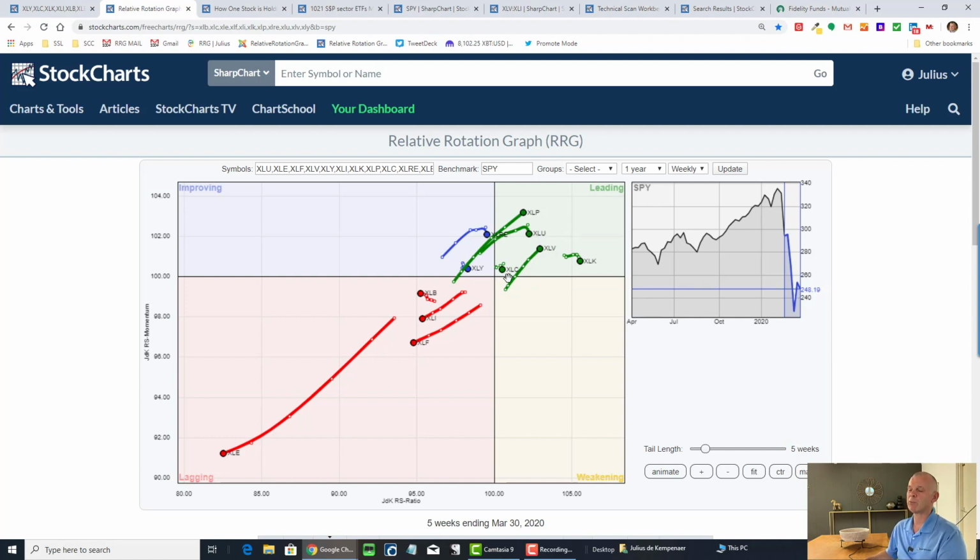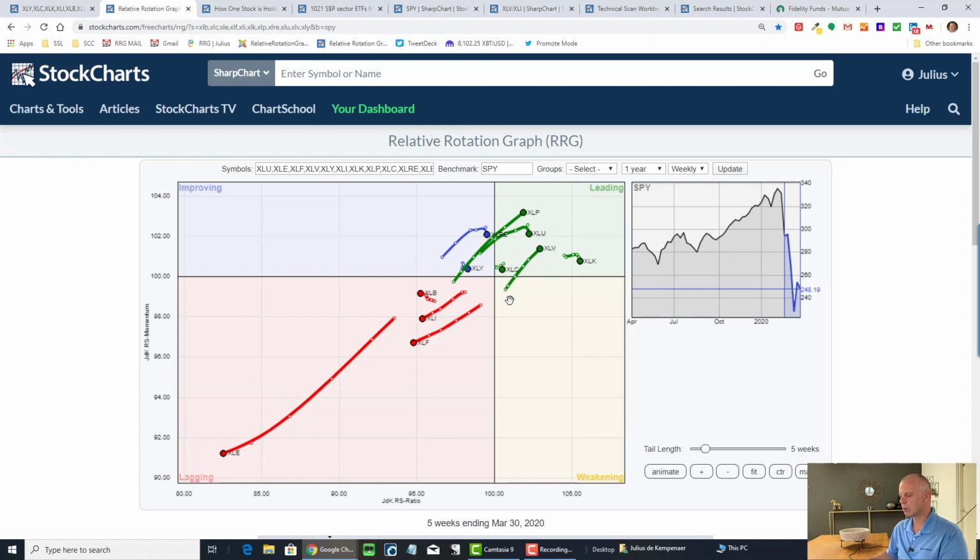Utilities, because of last week's performance, are starting to roll over. We'll have to see how that develops this week, because otherwise we may need to start paying a little more attention to utilities, because in a defensive mode we would expect utilities to do well in line with staples. Healthcare continues to perform very well. It's now well inside the leading quadrant and powering higher.